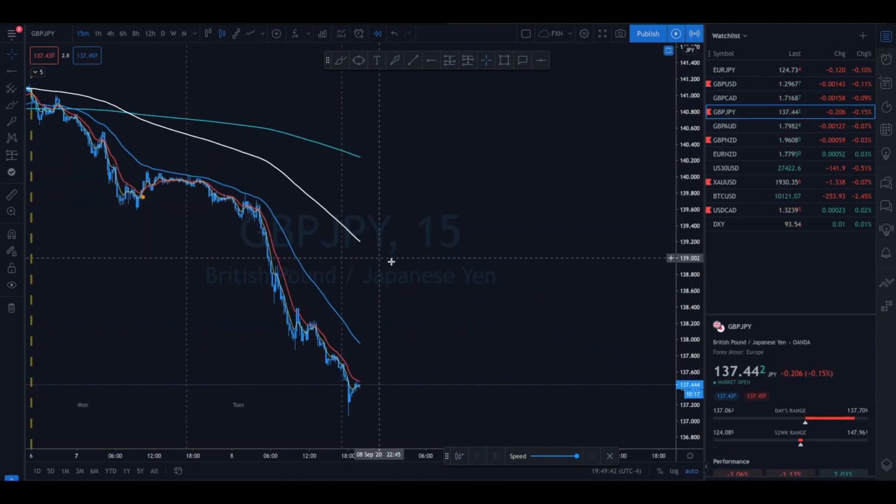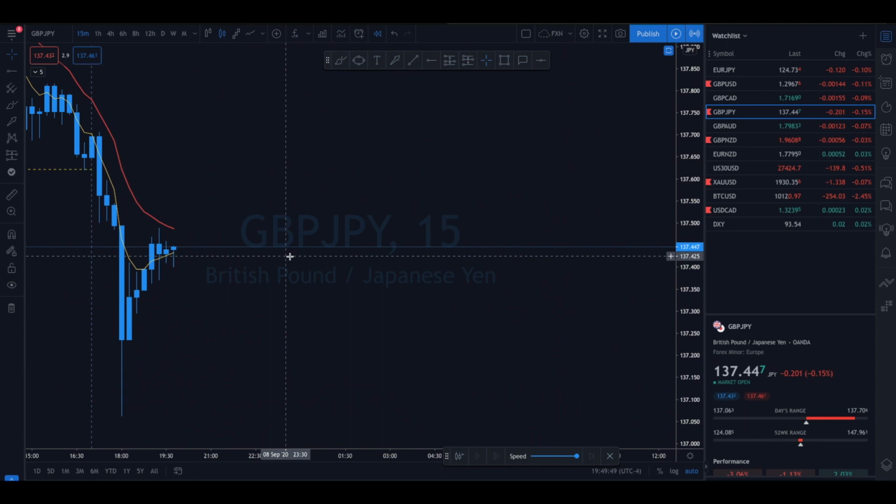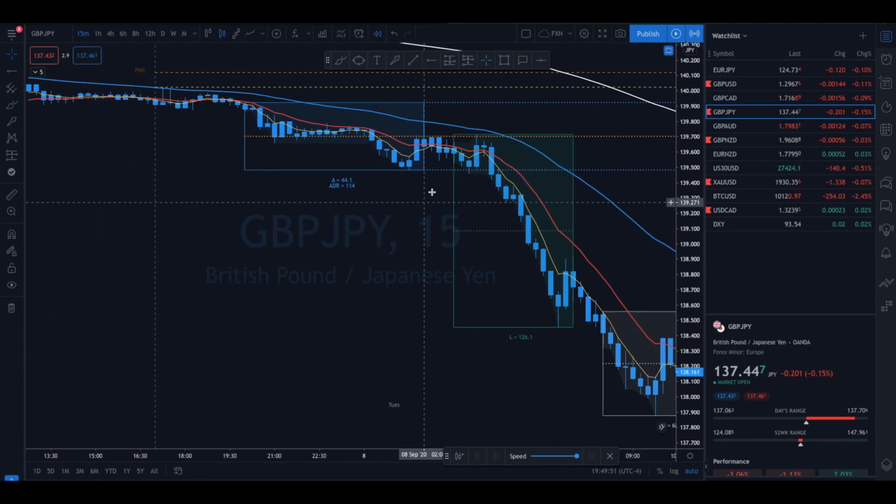Pound JPY had pretty much an almost identical setup to this, where it was a type 3 setup also. You see price coming down, hits the bottom of the range, comes right back up on one candle. You end up getting a star pattern here, and then it just takes off.